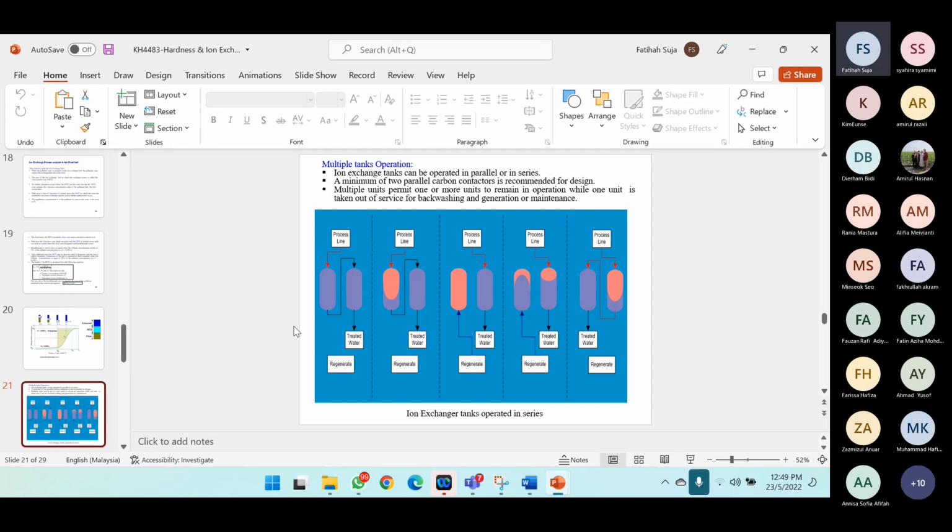Okay. So in your water treatment plant, if you use ion exchange, I also want to see whether you provide only 1 tank, meaning that you don't have any plan for emergency, or you can have a few tanks in series. That one is also considered sustainability in your design.